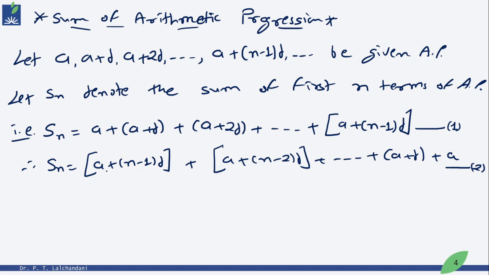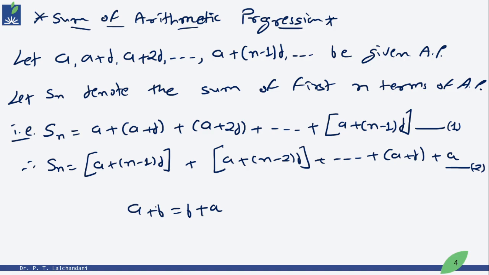Now, why are both these equal? Because we know that for numbers, a plus b is equal to b plus a. This is a well known property of numbers. It means that whether you add b to a or add a to b, in both cases you get the same answer.